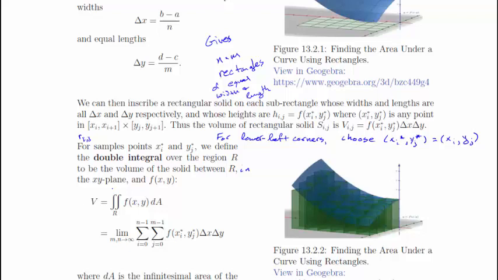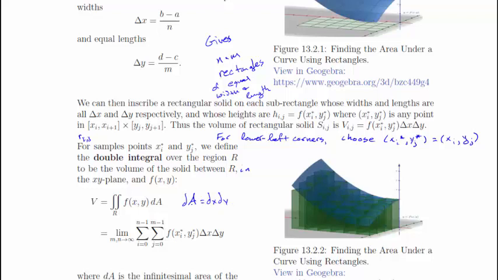So the volume equals the double integral over the region of f of x comma y dA, where dA equals dx dy. This is the instantaneous change in the area: the instantaneous change in x times the instantaneous change in y.